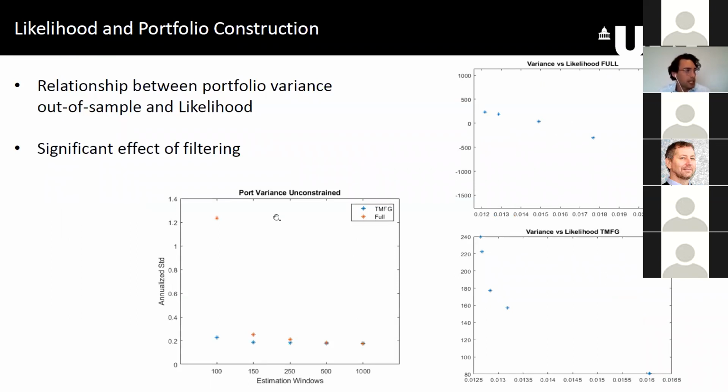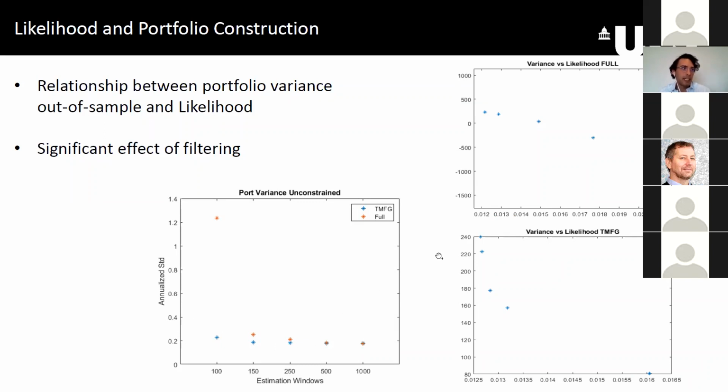What you see here is the variance of a portfolio built on the same mean parameters, but using two different covariance matrices, a full covariance matrix and a filtered covariance matrix. As you can see, the annualized out of sample standard deviation of the portfolio is much lower if the portfolio is built with a filtered matrix.